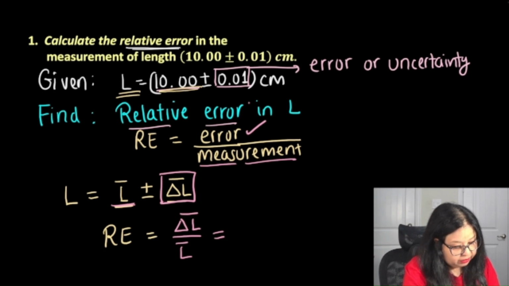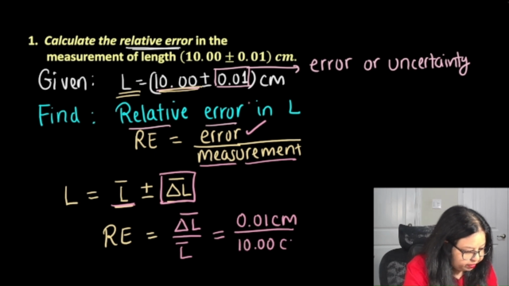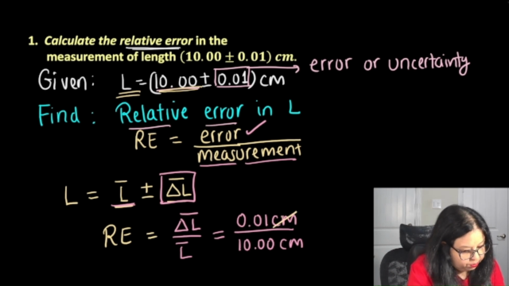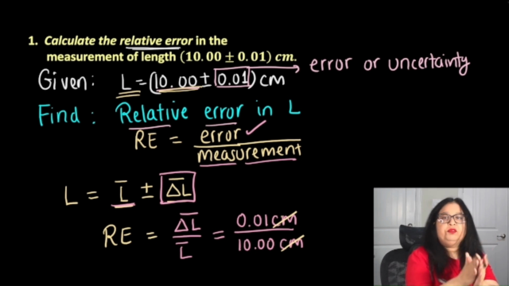Relative error is delta L bar over L bar. What is the value of delta L bar? 0.01 centimeters divided by 10.00 centimeters. So now here, centimeters cancels out centimeters. At the top I have 0.01, at the bottom I have 10.00.